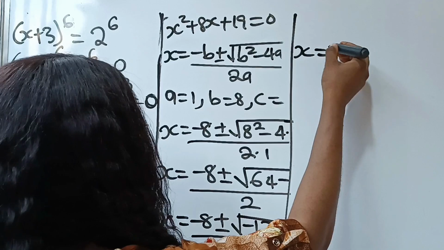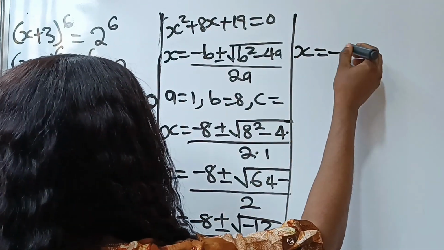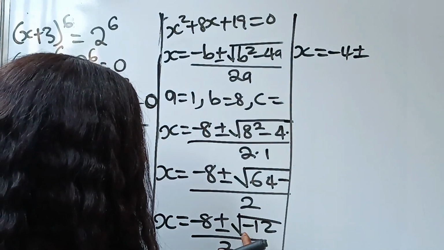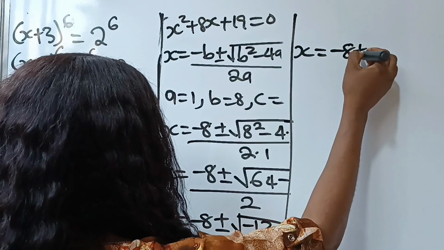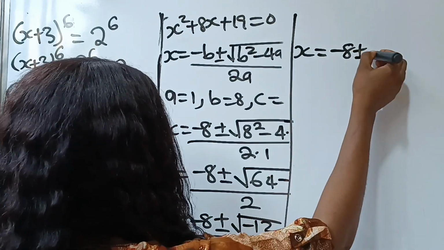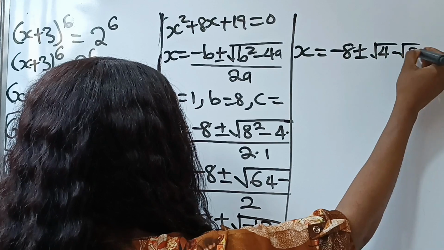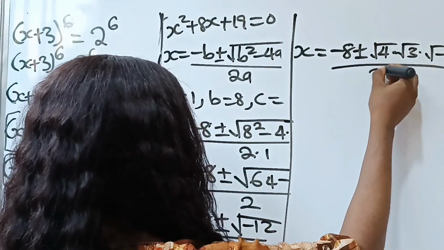So x is equal to, we are going to divide this by 2. Minus 8 divided by 2 is minus 4 plus or minus, before we divide, we have minus 8 plus or minus square root of 4 multiplied by square root of 3 multiplied by square root of minus 1 divided by 2.